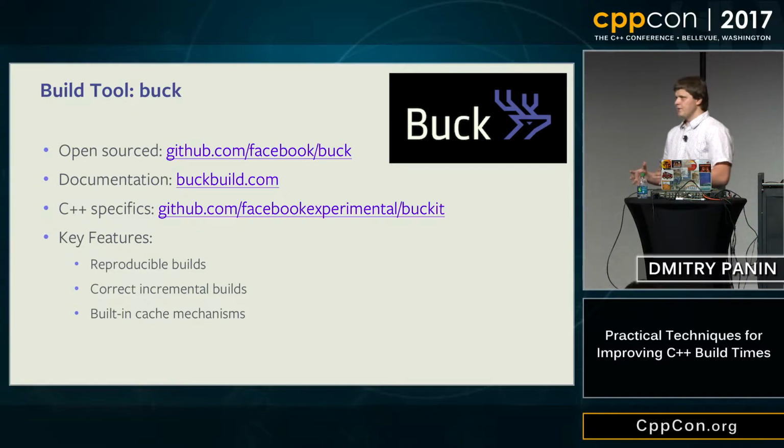Buck does not use timestamps to track the files. It uses the actual content, so it can know what needs to be rebuilt and does not try to do unnecessary work. And also, Buck was designed with a built-in cache mechanism. This was done from the very beginning, and it has native support for that.